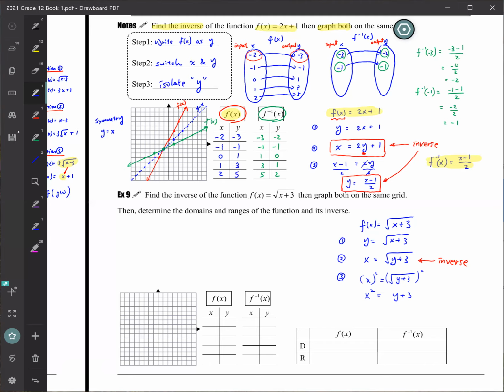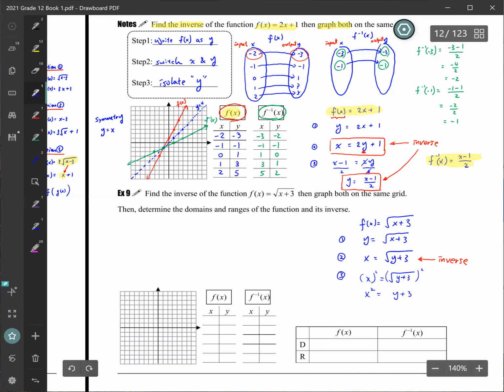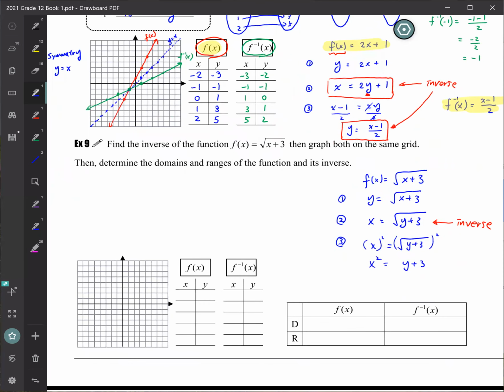How do we isolate the y? Just last step, you can tell me right now. The y is right now on the left side or the right side? The right side.